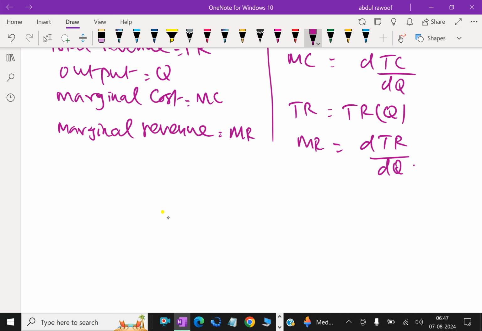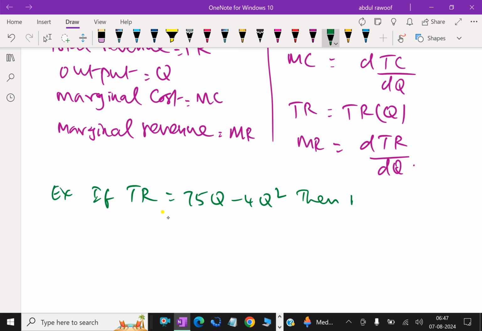For example, if TR equals 75Q minus 4Q square, then MR is the differentiation of this function.